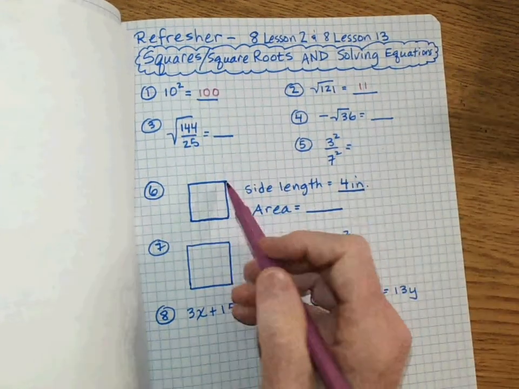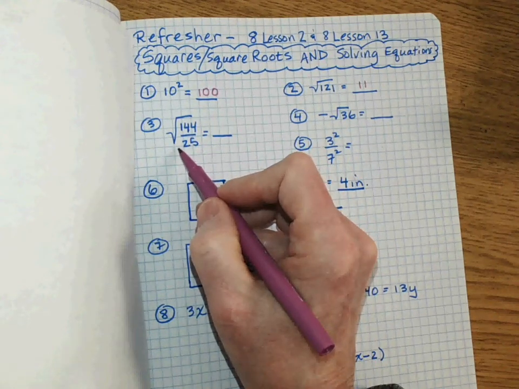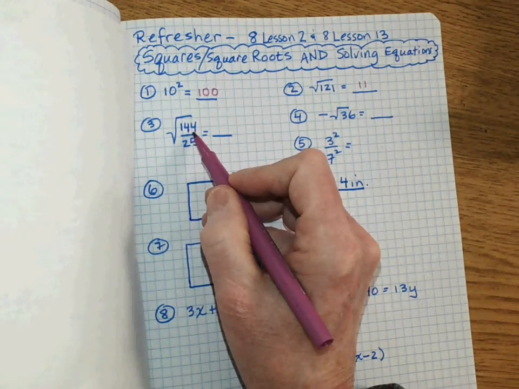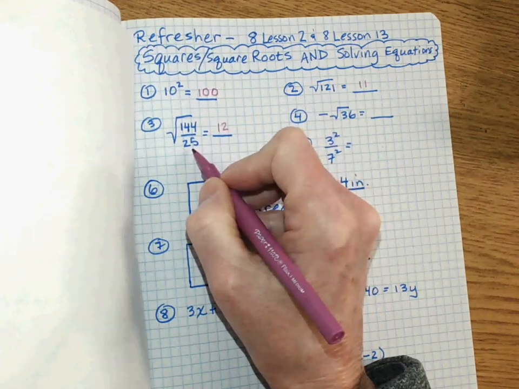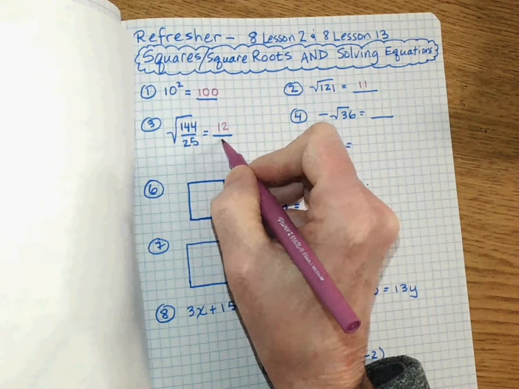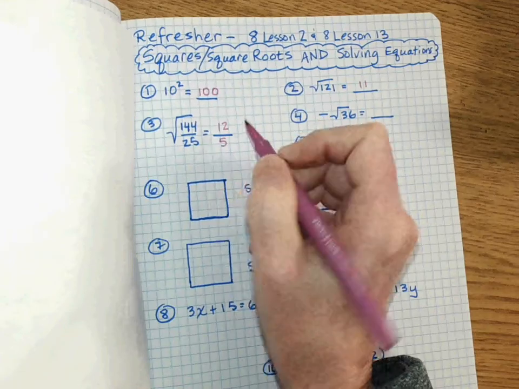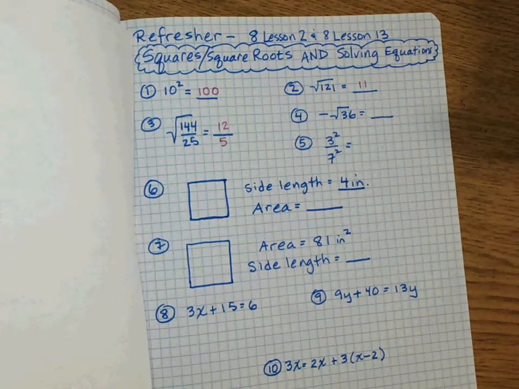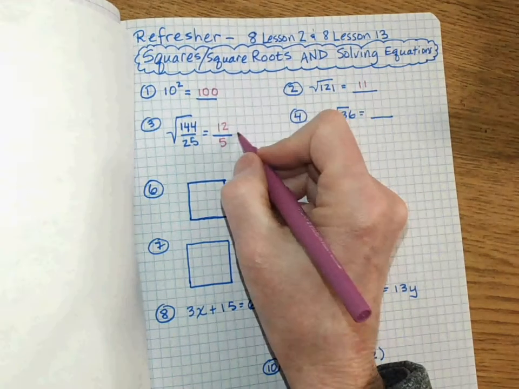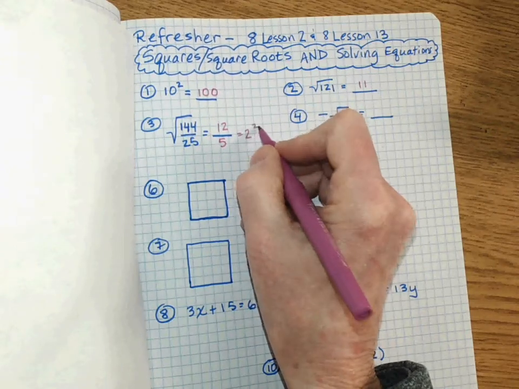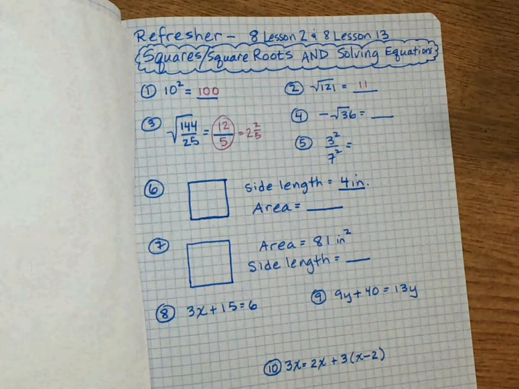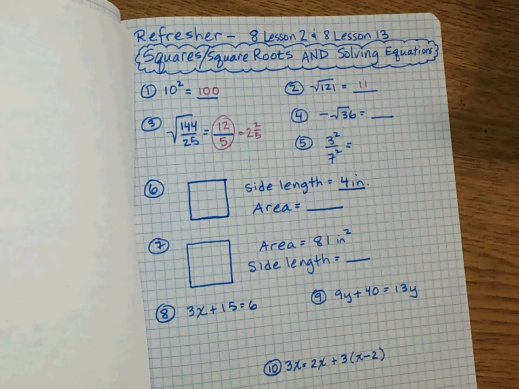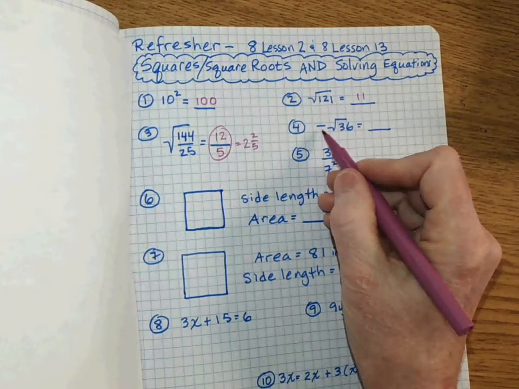A problem like this is the same thing as saying the square root of 144, which is 12, divided by the square root of 25, which is 5. And you are fine to leave it like that. If you wanted to change it to 2 2/5, you could, but I am very happy if you're leaving it like 12/5.